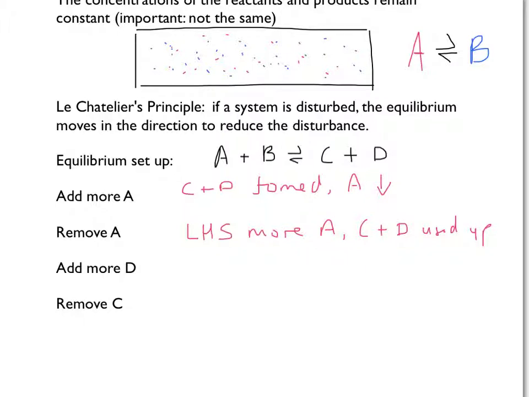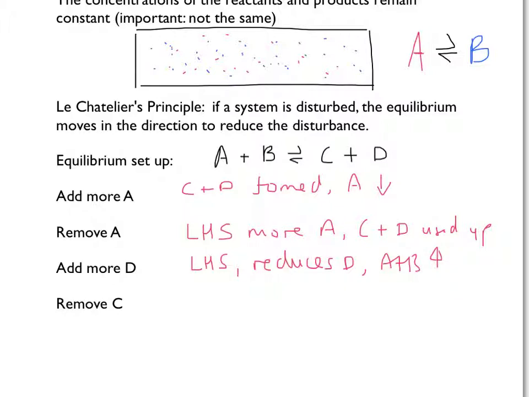Now example number 3, add more D. Then the equilibrium will try to reduce the disturbance by lowering D, so again shifting to the left hand side reduces the amount of D, and so A plus B will increase in amount.